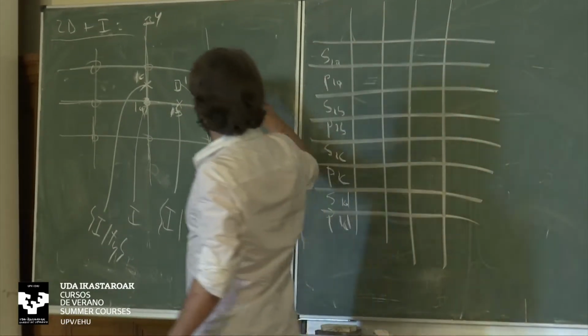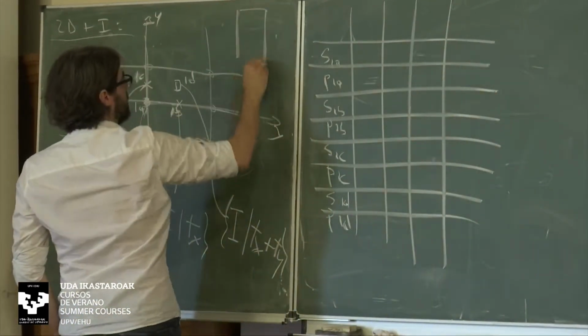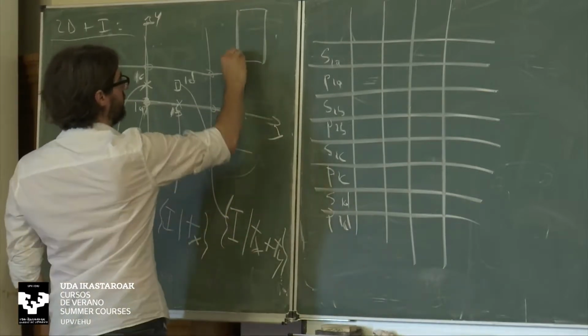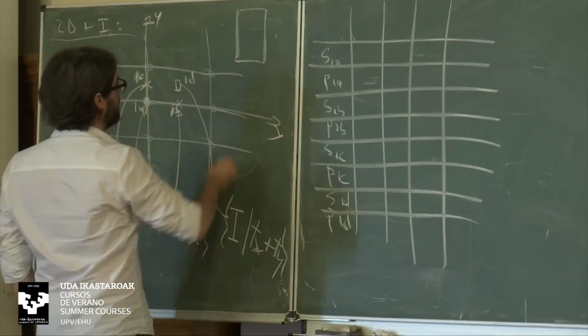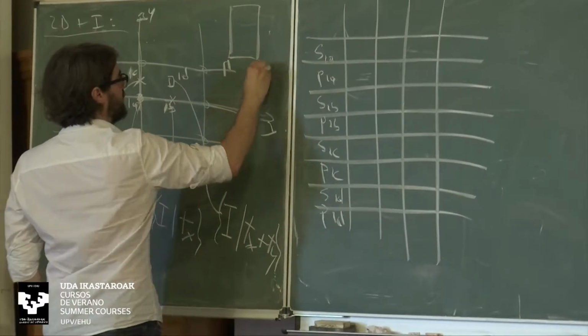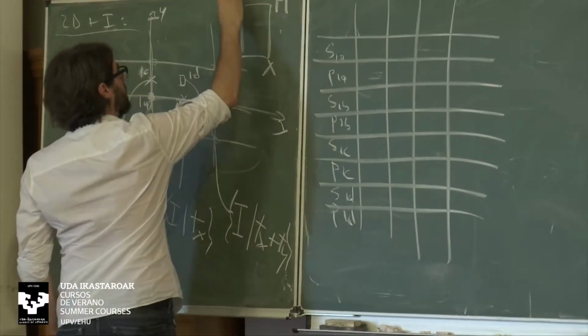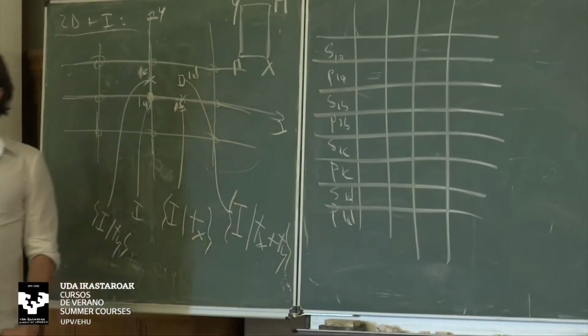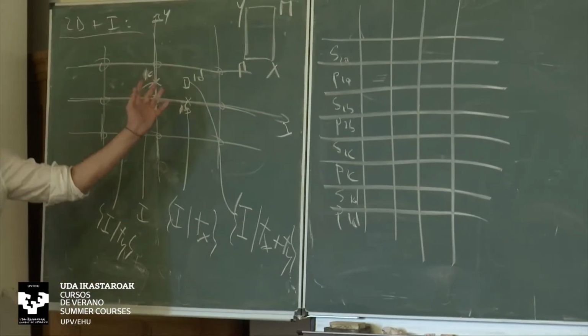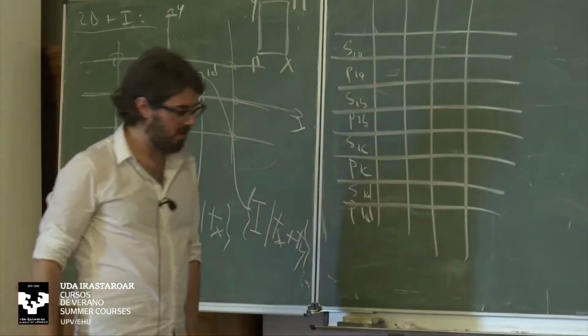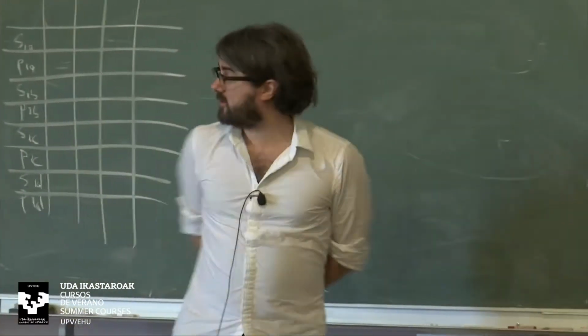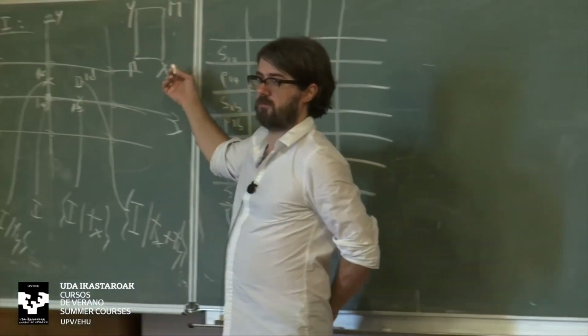And I have a Brillouin zone, and this Brillouin zone looks like this. And I'm only drawing the gamma point, the x point, the m point, and the y point.